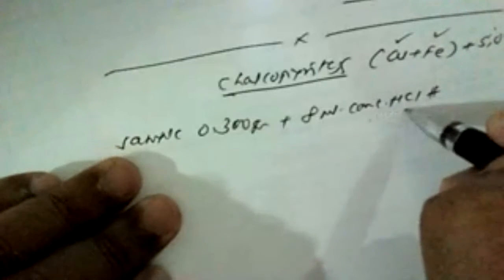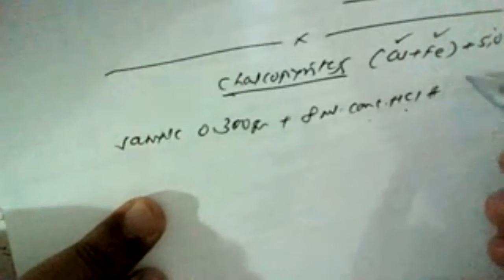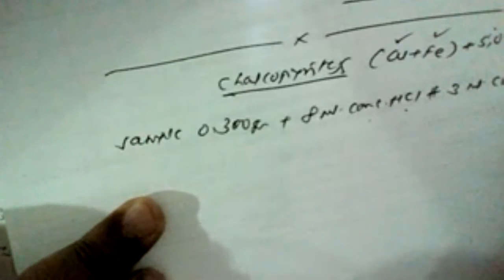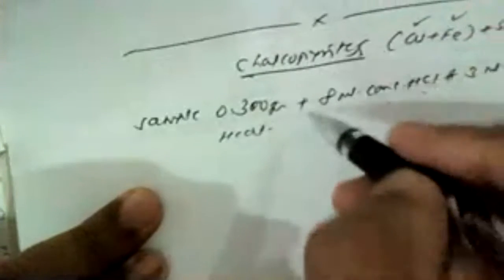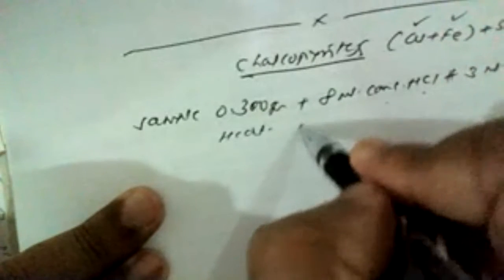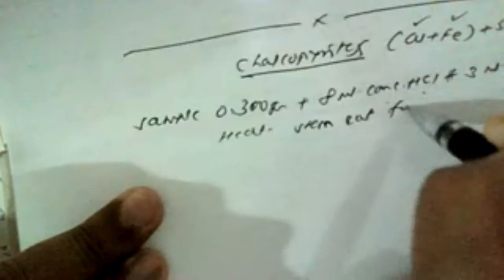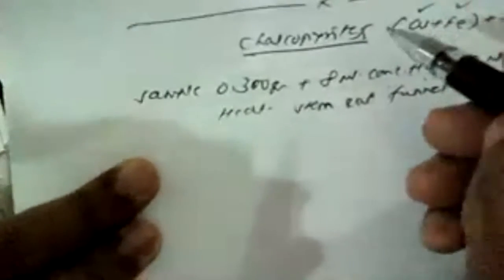So 8 ml concentrated HCl is taken in a conical flask, and then we add 3 ml of concentrated HNO3. This procedure is known as dissolution of the sample. We heat this on a low flame, placing a stem cut funnel, which is our regular funnel, which ensures complete dissolution.